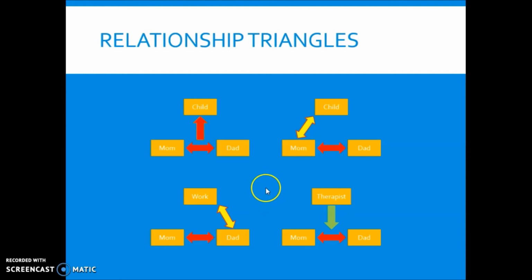Now, triangles are not all bad. In fact, therapy can be viewed as a type of relationship triangle, at least when we're doing marital or family counseling. So the tension exists in the relationship to the point that they seek out a therapist to try to control or manage that tension, come up with some kind of solution.